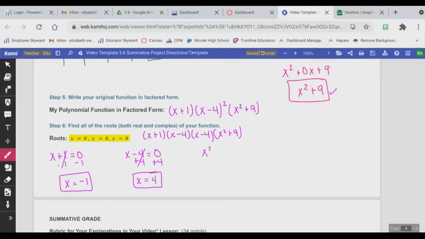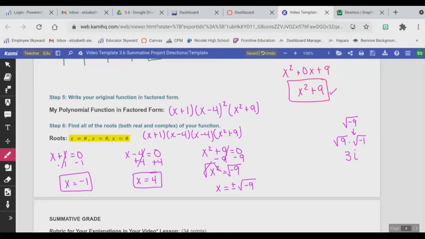And then if I solve the last one, x squared plus 9 equals 0, I'm going to subtract 9. And I get x squared equaling negative 9. And this is where our imaginary solutions come in. So when I square root, I get x equaling plus or minus square root of negative 9. If you know how to simplify that in your head, that's fantastic. Go ahead and do it. Otherwise, remember, we can break this down to be saying the square root of 9 times the square root of negative 1. Square root of 9 is 3.